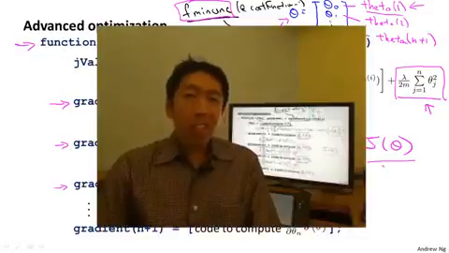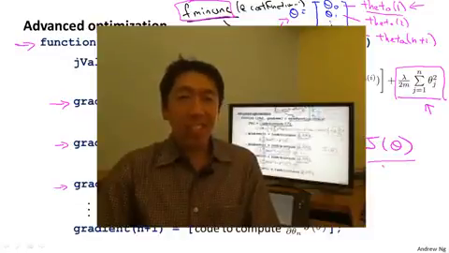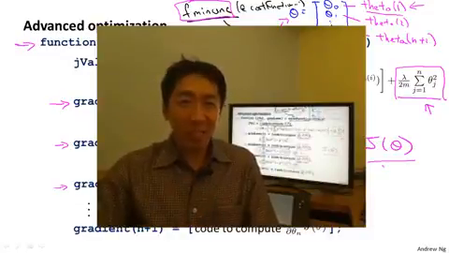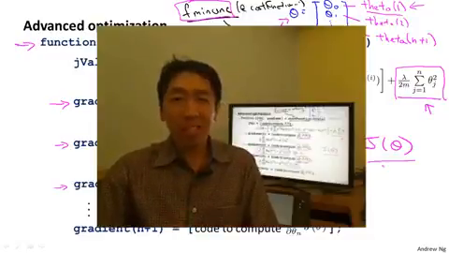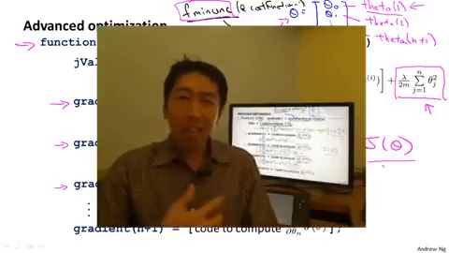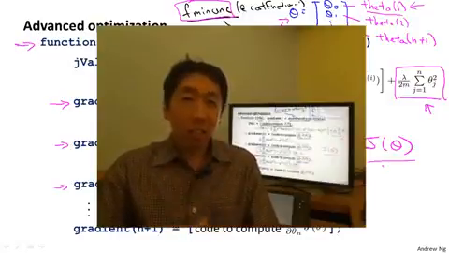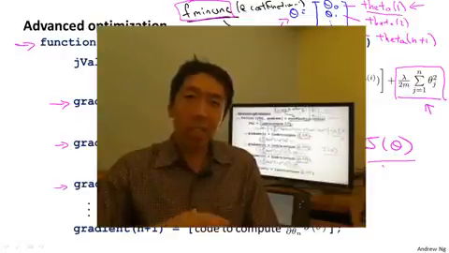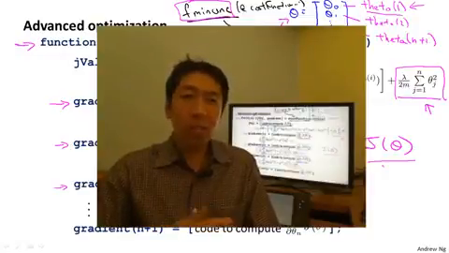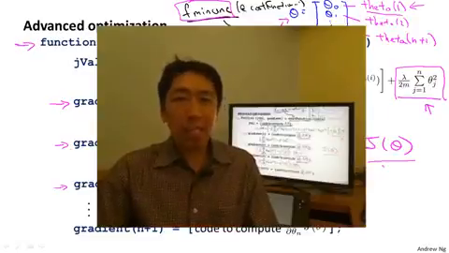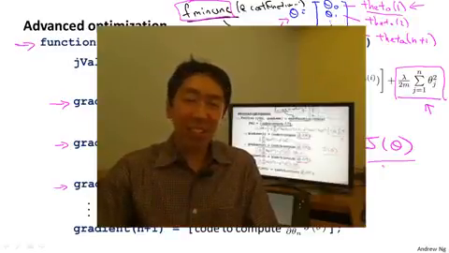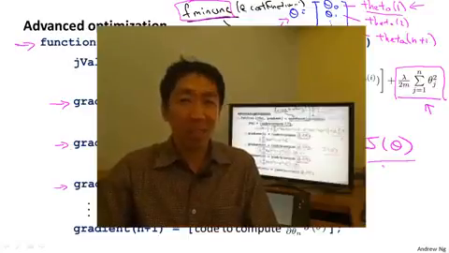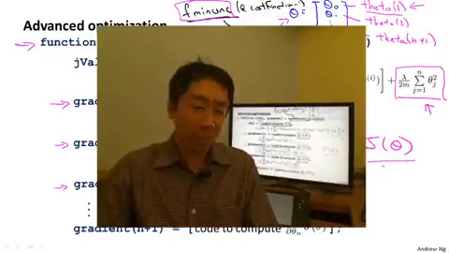When I walk around Silicon Valley, where I live, there are a lot of engineers who are frankly making a ton of money for their companies using machine learning algorithms. I know we've only been studying this for a little while, but if you understand linear regression, logistic regression, the advanced optimization algorithms, and regularization, by now you probably know quite a lot more machine learning than many, certainly not all, of the Silicon Valley engineers out there having very successful careers, making tons of money for their companies or building great products using machine learning algorithms.